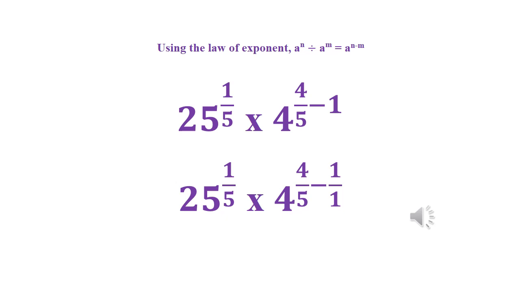We now have 25 raised to power 1 over 5 times 4 raised to power 4 over 5 minus 1 over 1. 1 over 1 is the same thing as 1.